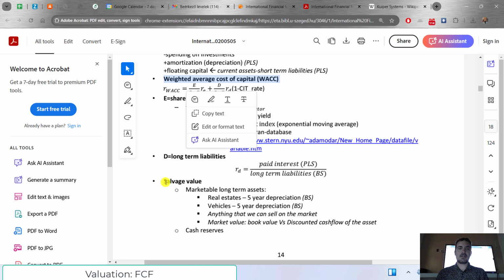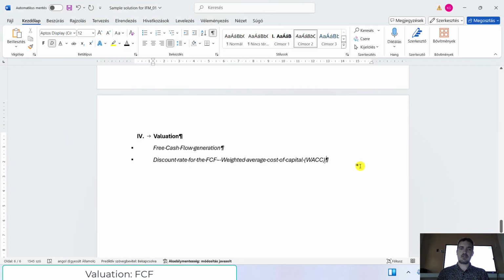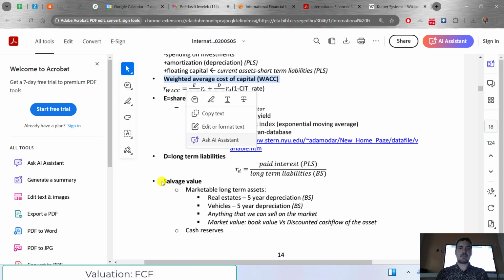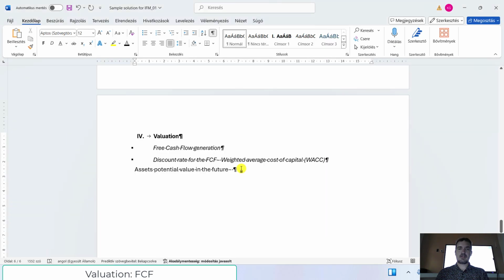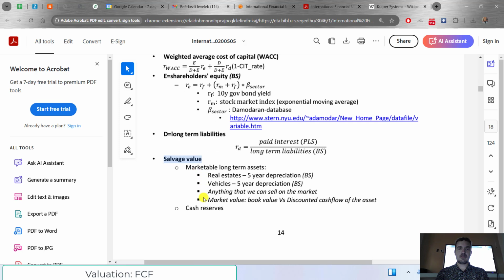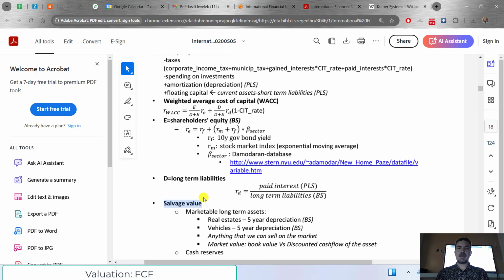And in the future, this is the salvage value. That's all.